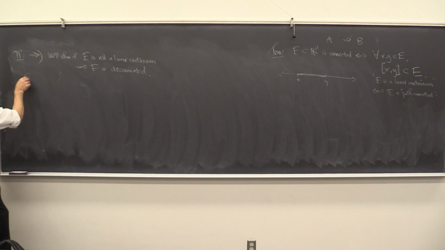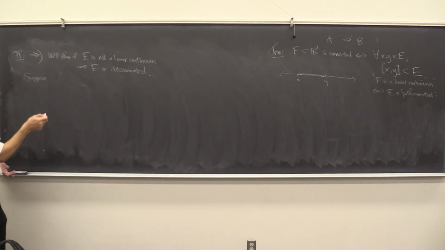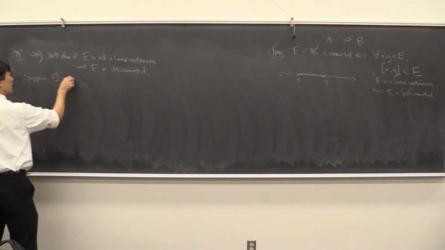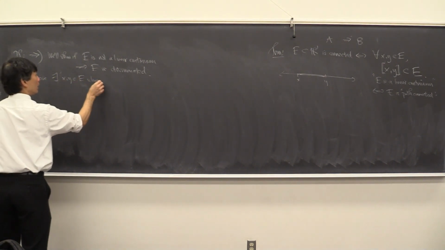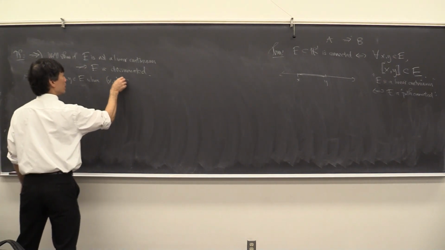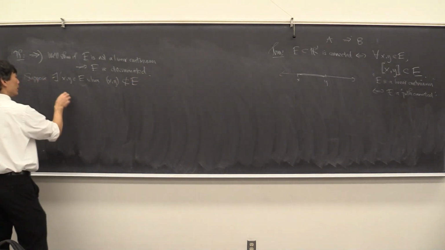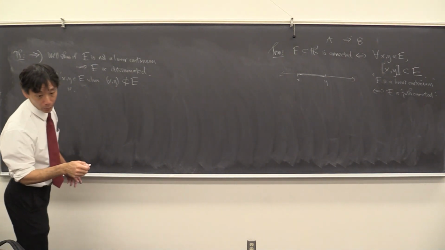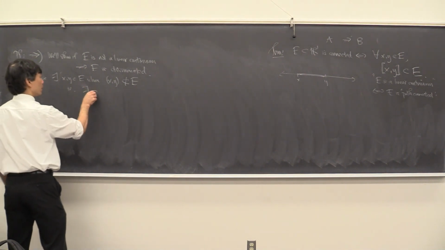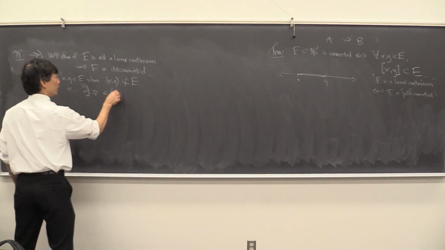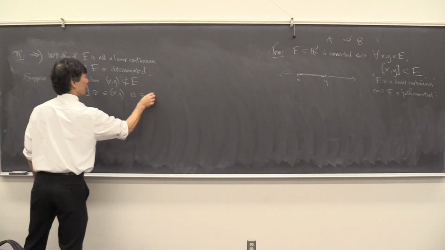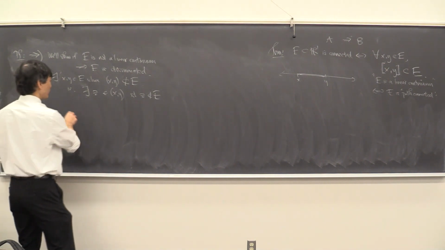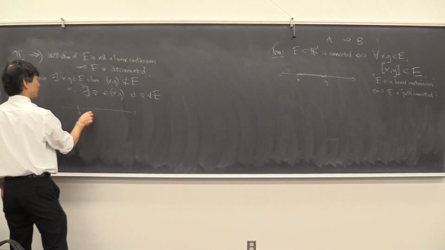So suppose E is not a continuum. In other words, suppose there exist some x and y in E where this whole interval is not contained in E. That is, there exists some point z in the interval such that z is not in E. So we've got our E, and these two points, x and y.